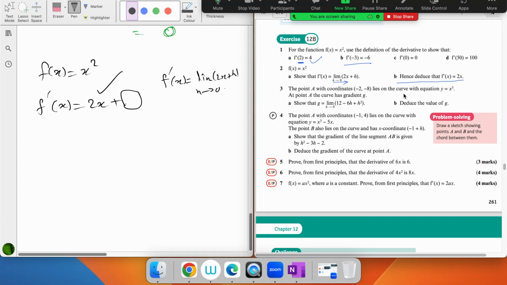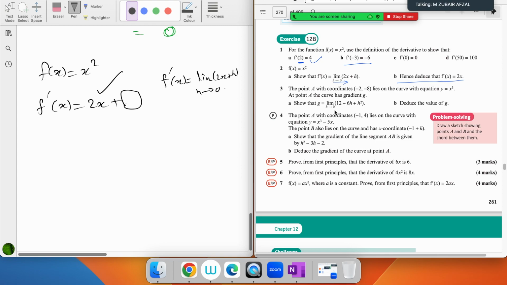Now it says the point A with the coordinates -1, 4 lies on the curve. The equation is this. The point B also lies on the curve and has this coordinate. Show that the gradient of the line segment AB is given by this thing.